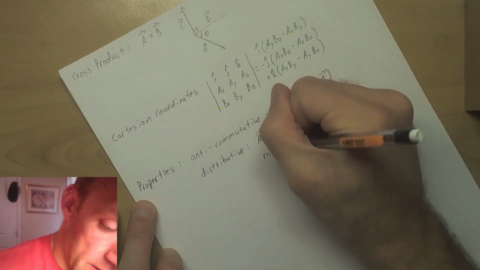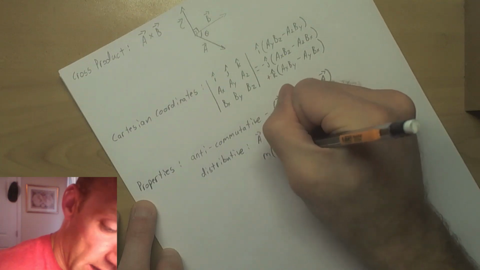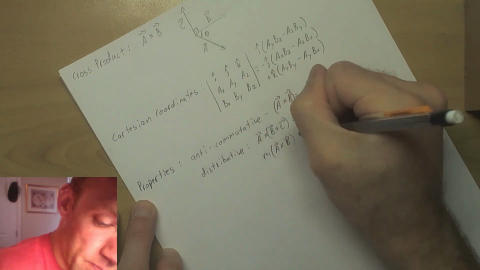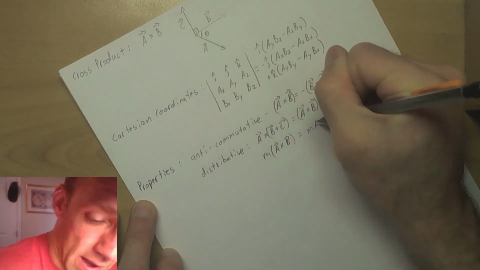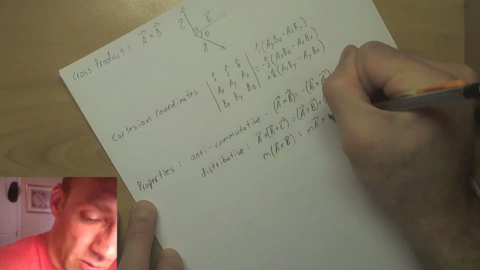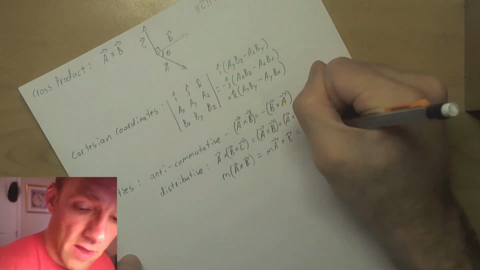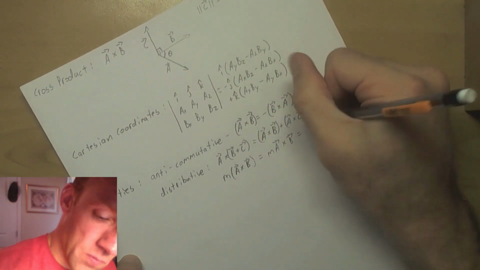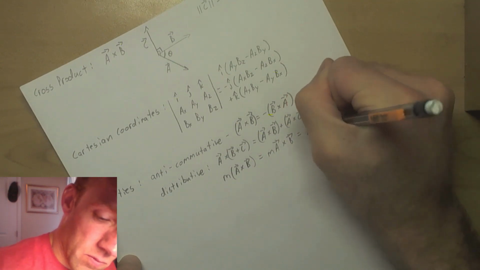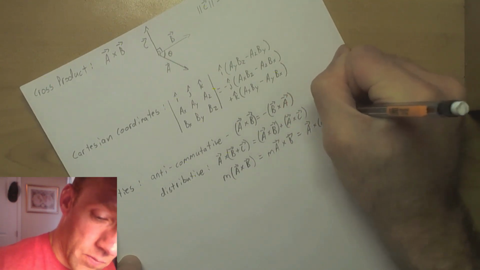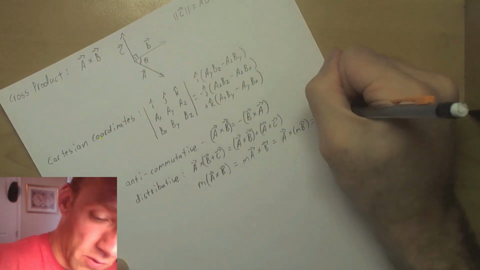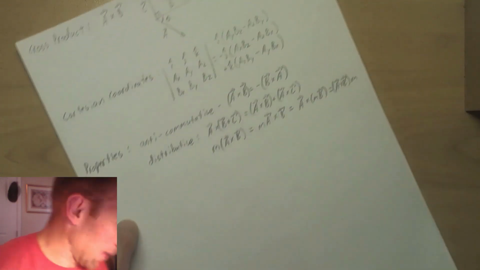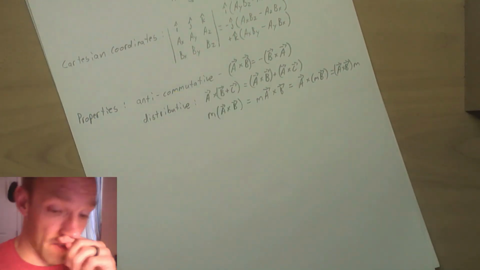So the scalar M multiplied by the cross product of A and B is the same as, you can multiply A by the scalar and then take the cross product with B, or you can multiply B by the scalar and then take the cross product, or you could take the cross product first, and they all give the same answer. And that follows directly from the definition.